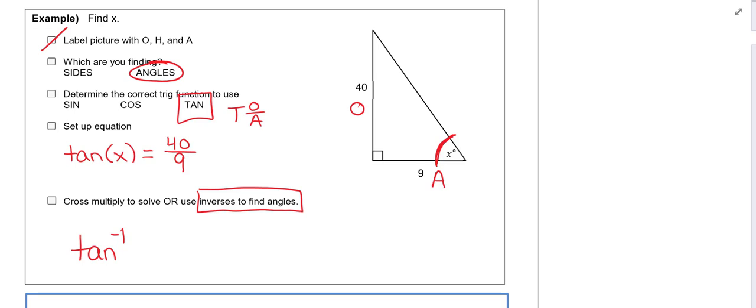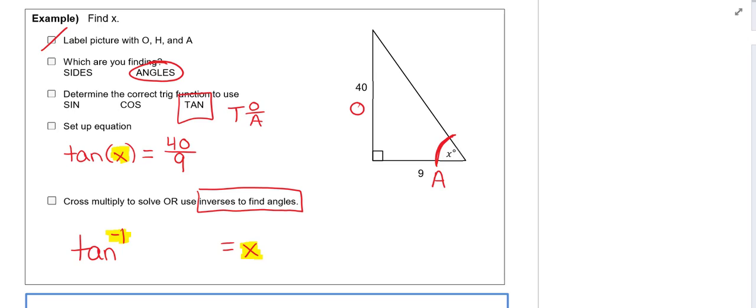Again, you don't want to type that into your calculator. I'll show you how you do it right now. But for the inverse tangent, we just use that little -1. And what happens is it takes the x and puts the x now on the other side of the equal sign. So it kind of releases this x when you use this -1, when you use this inverse.